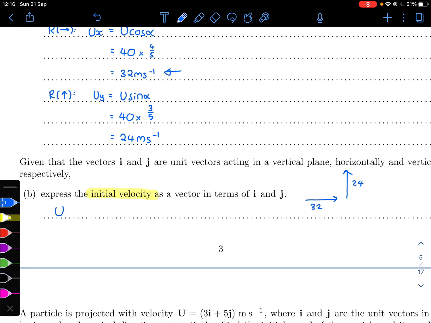So as a vector, so I underline my vectors, I could express that initial velocity as 32i plus 24j. Okay, and that's all there is to that example.